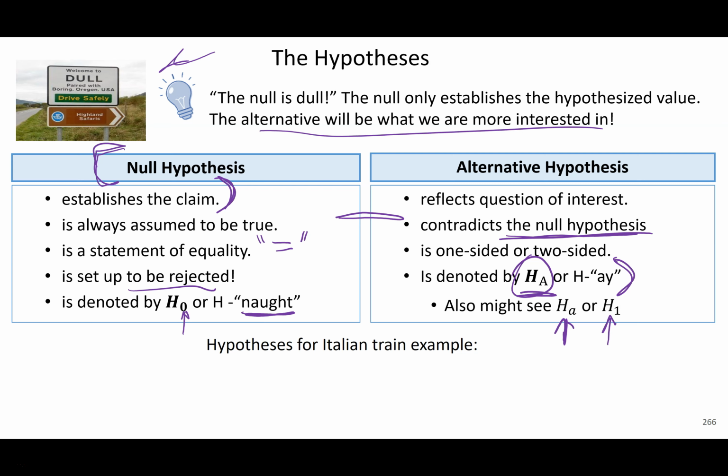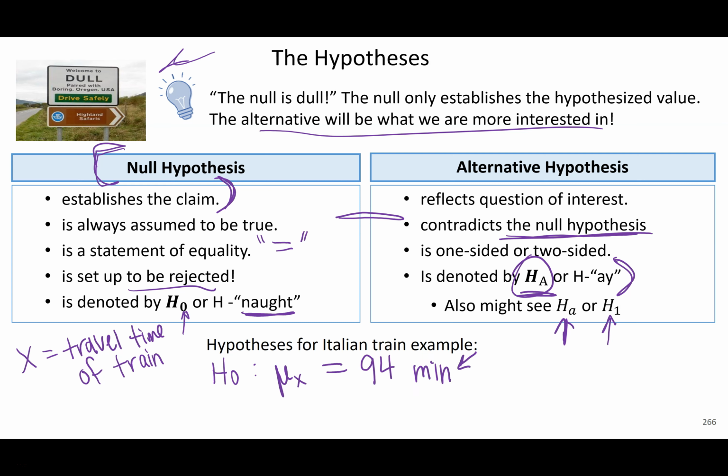So if we want to look at the train example, X is travel time of train. I'm interested in the mean of X. And we're just going to say, okay, it's equal to the claimed value. So the website claimed 94 minutes. And note, I am including the units.